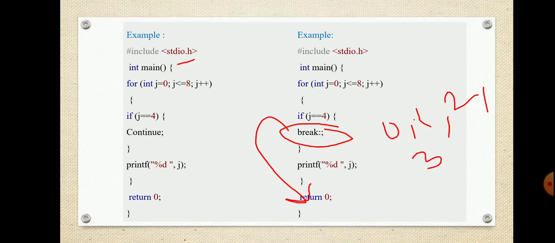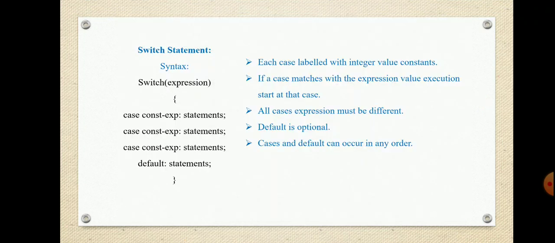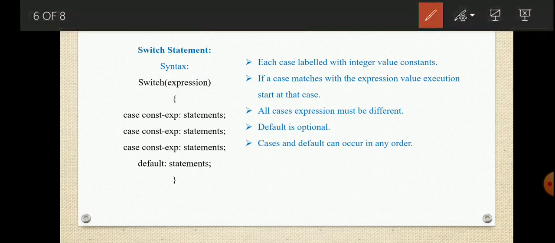Now we are moving to the next statement, that is the switch statement. The switch statement is also a control flow statement. So the syntax for the switch statement is here. First we use the switch keyword, and then we give an expression inside switch.